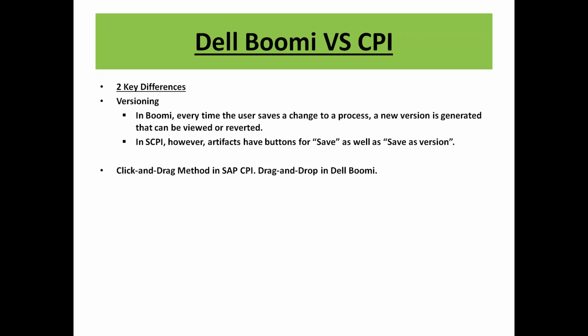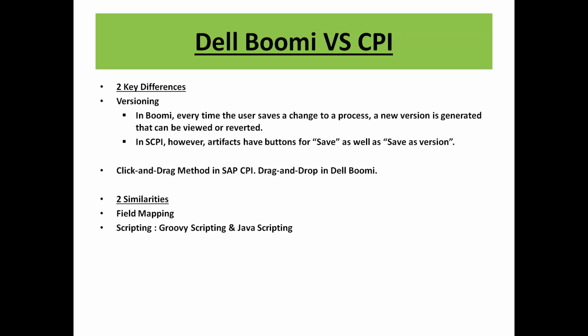Whereas in CPI, we need to click on the particular tool and then drag it onto your editor. Got it? In Boomi, drag and drop, whereas in CPI, click and drag. You click the particular tool and slowly drag it onto your editor.